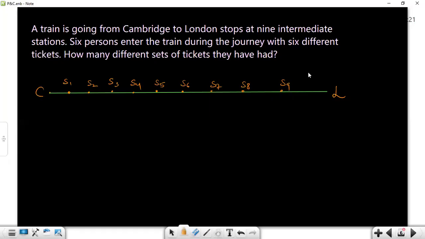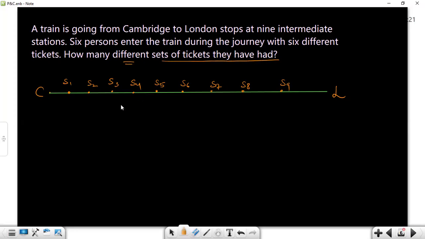There are 9 stations in between. 6 persons enter the train during the journey with 6 different tickets. Okay, so now we are not clear where these 6 persons have boarded the train from. We just have to find out how many different sets of tickets they have had.